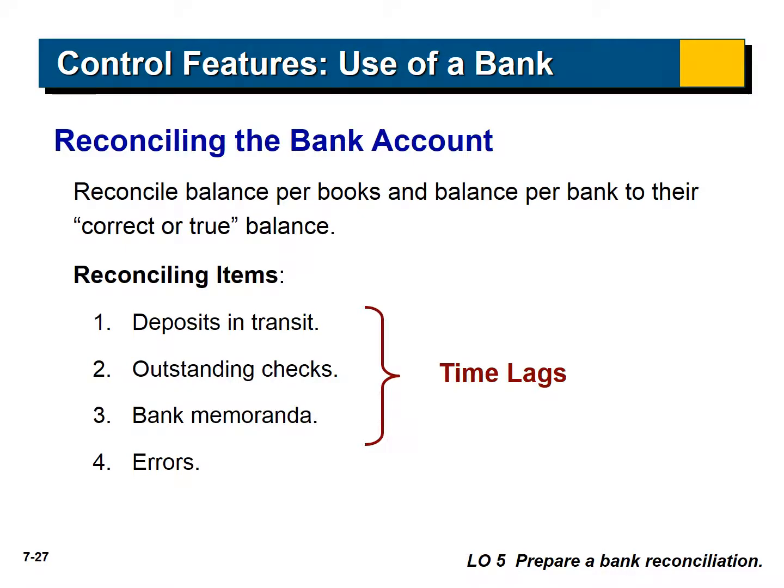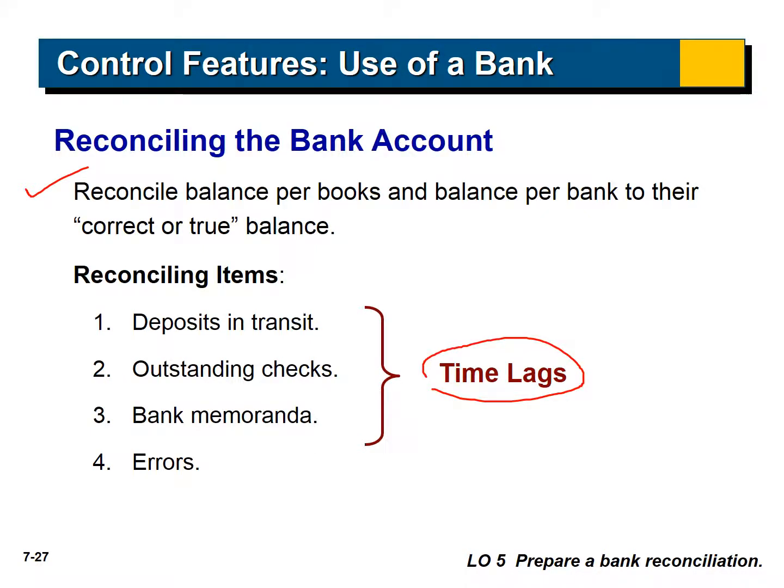Let's talk about reconciling the bank account. A bank reconciliation reconciles the balance per books and the balance per bank. They're not going to be the same, and they're not going to be the true or correct balance. Reconciling items are due to time lags.